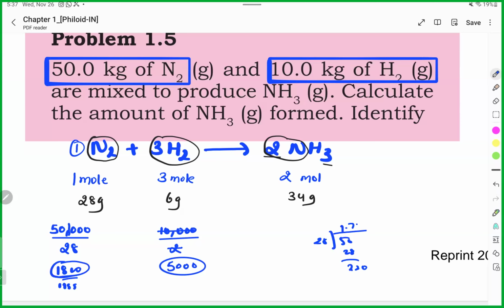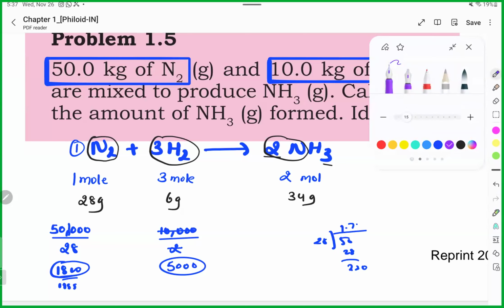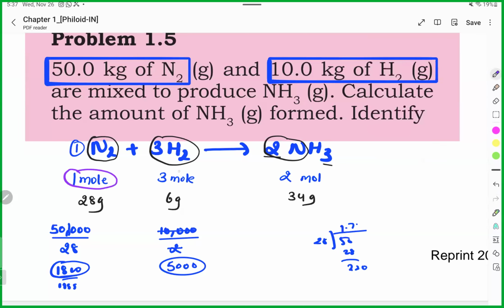Logically, if you take 1 mole of nitrogen, it should need 3 moles of hydrogen. If you are taking 1800 moles, it should be 5400, 3 times, right? But you have only 5000. It means this is less, and the lesser one is the limiting reagent.